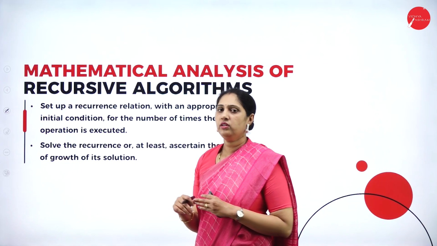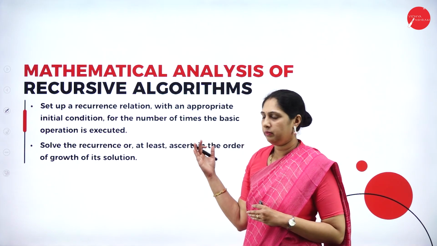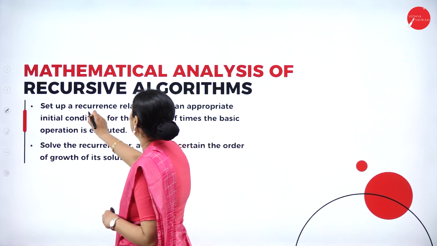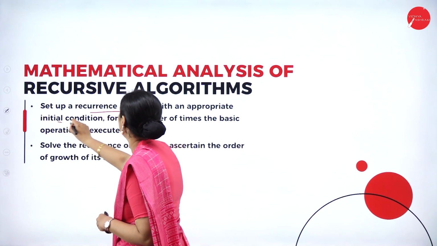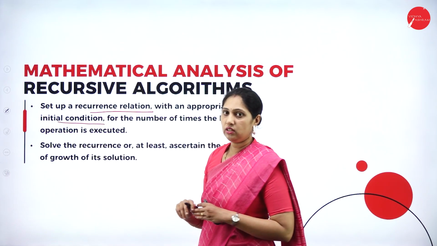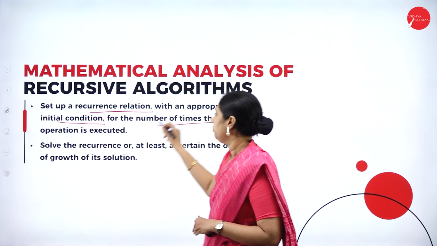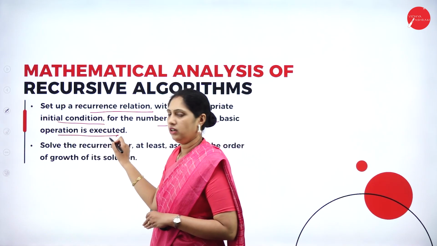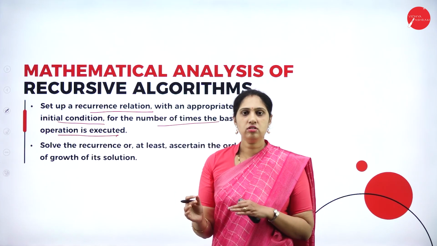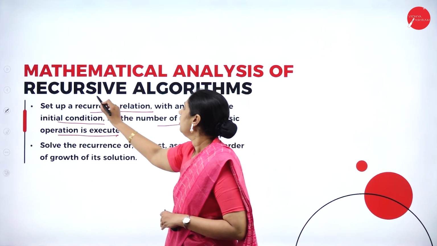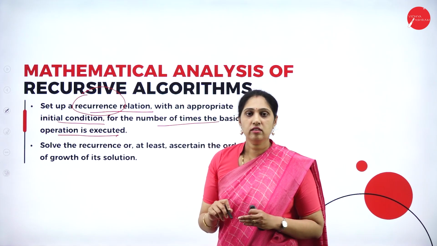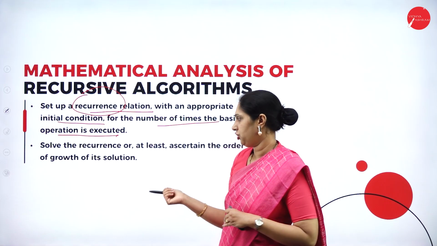But when I come to recursive, what are the other steps? With this recurrence relation, we have to consider the initial condition. What is the number of times the basic operation is executed? That is similar, but we have to use a recursive or recurrence relation.